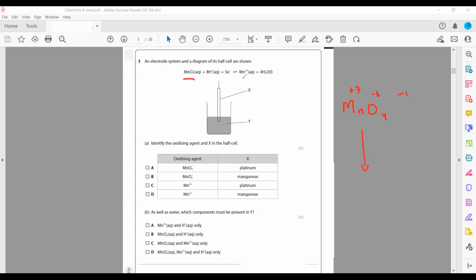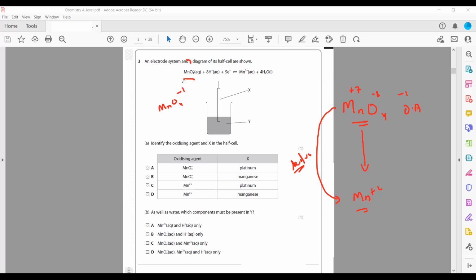And during the reaction, it changed to Mn+2. So if +7 is changing into +2, it means this change is a reduction. And the substance which is reduced is the oxidizing agent. So what is the oxidizing agent here? The oxidizing agent is MnO4 with a charge of -1.